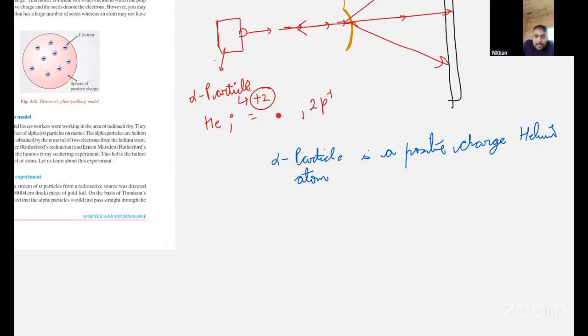Like 2 electrons are there and 2 protons are there. 2 electrons denote minus 2, 2 protons denote plus 2. And what is new in the alpha particle is that the negative charge, minus 2, is removed. Now what remains behind? Plus 2 from the protons. So what is the charge on the alpha particle? Plus 2. Okay, so the charge on an alpha particle is +2, and he saw this result.